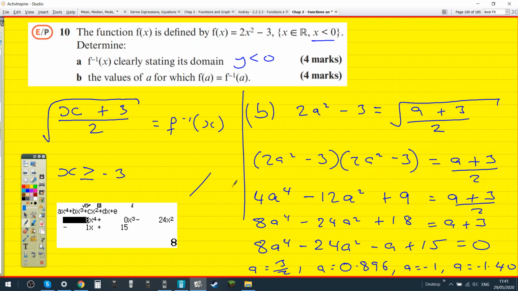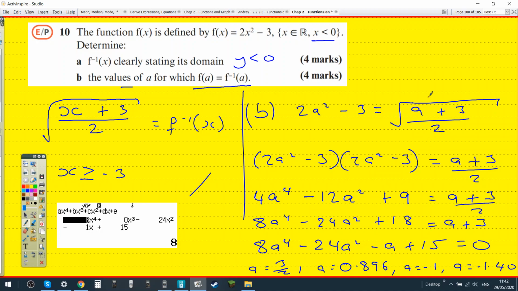I think there might be a trick to this. Hang on. I think the trick might be, it says here x is less than 0. And we subbed in, so this is f of a is equal to the f inverse of a. If x has to be less than 0, then maybe I'm wrong. It says the values, but only one value is less than... Oh no, there's two negatives, aren't there?